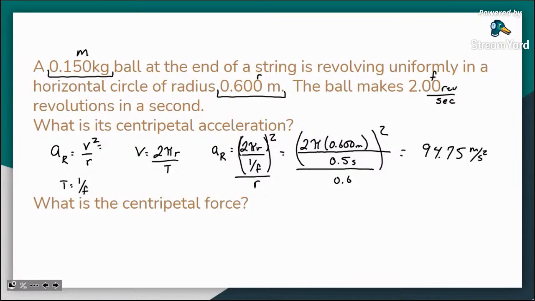Okay. Now, that's doing it all at once. If you would prefer to first convert that frequency over to a period, plug it into this velocity equation, solve for the velocity, and then plug into your acceleration radial equation, you'll get the exact same thing.